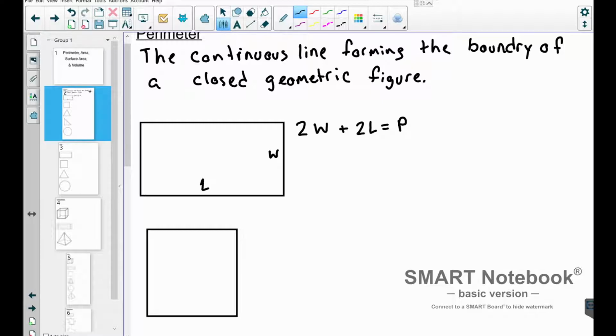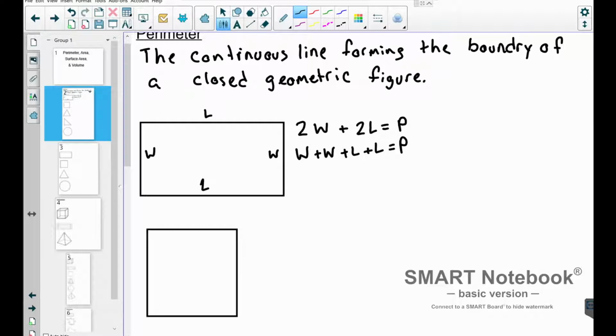This formula here we could rewrite as width plus the length plus the width plus the length is going to be equal to our perimeter. And really all that's doing is saying, well, we're adding up this side to this side, this side to this side, and we're getting some sort of answer. We're getting that distance. I think throwing in the 2 times the width plus 2 times the length is a little bit easier way of doing it, but either way you remember it works just as good.